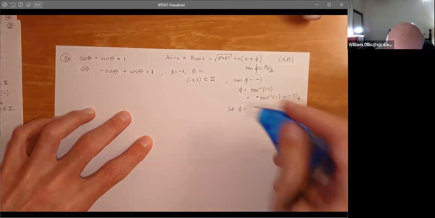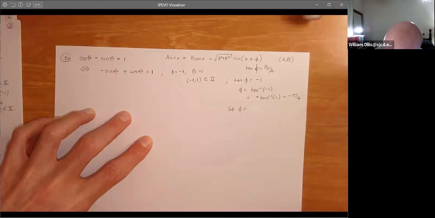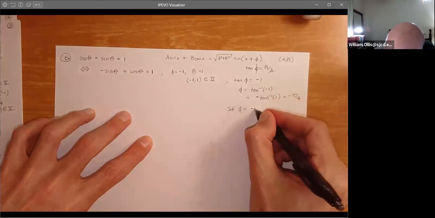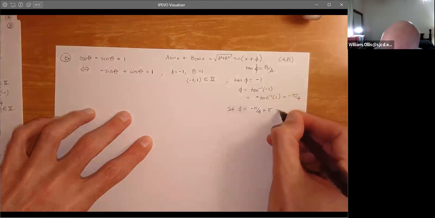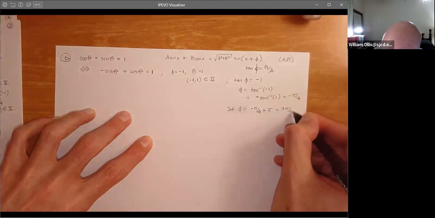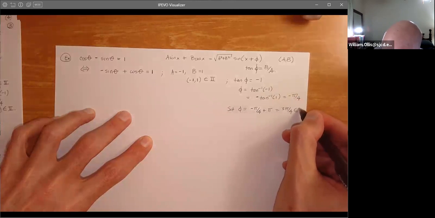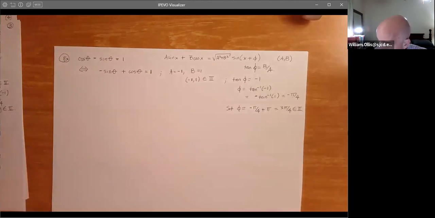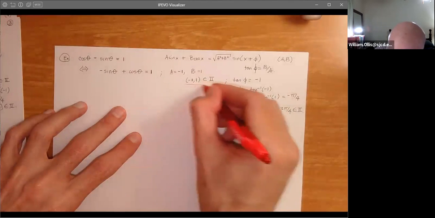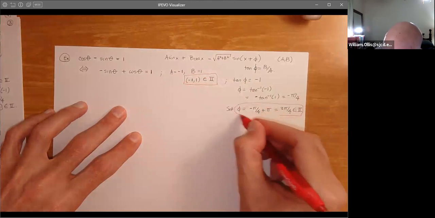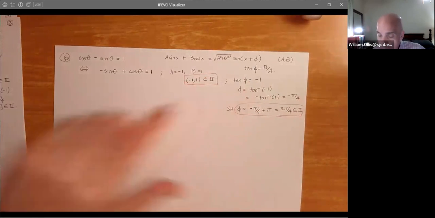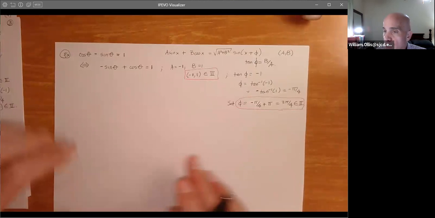Negative pi over 4 plus pi, which gives us 3 pi over 4, which is congruent to this solution, which is in the second quadrant, okay? So like I said before, we must have the a, b and the phi in the same quadrant. So if we have to adjust this, that's the only hiccup with this.